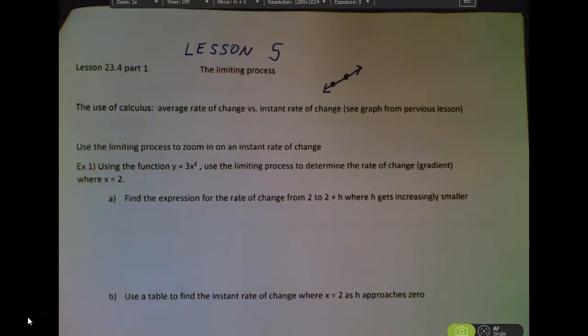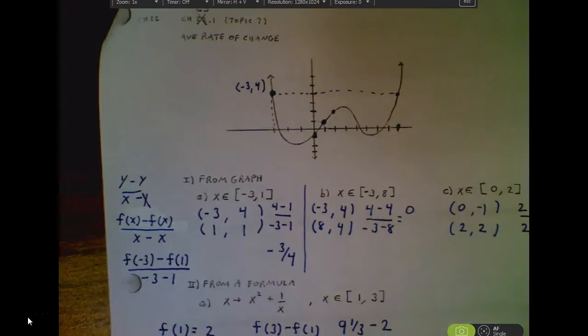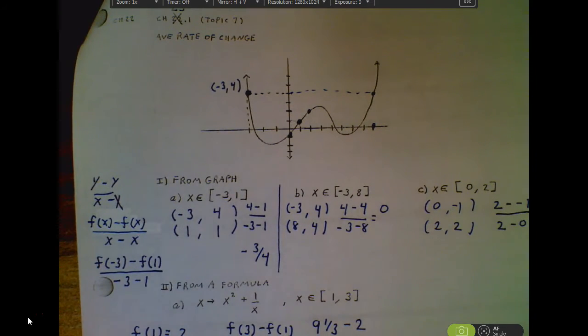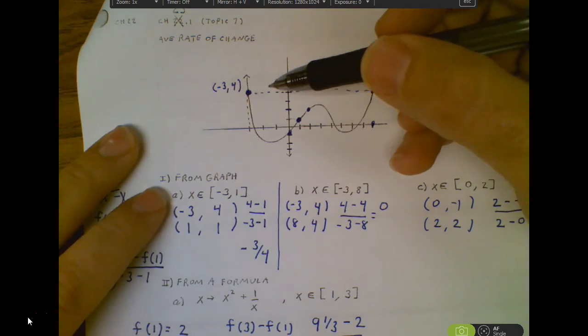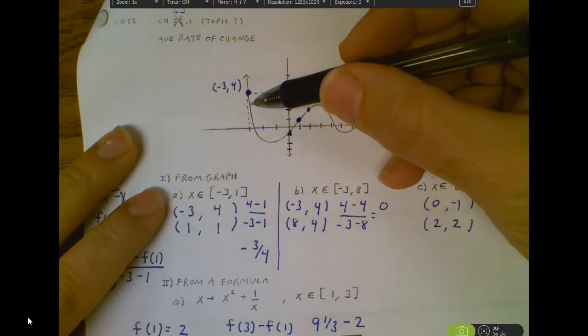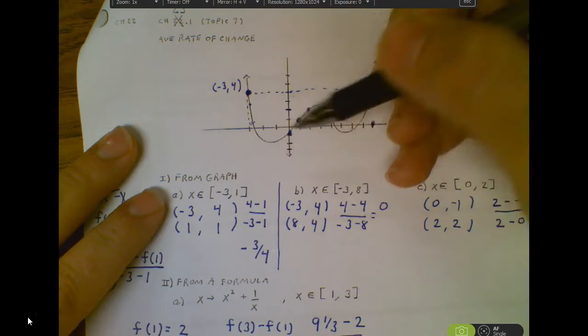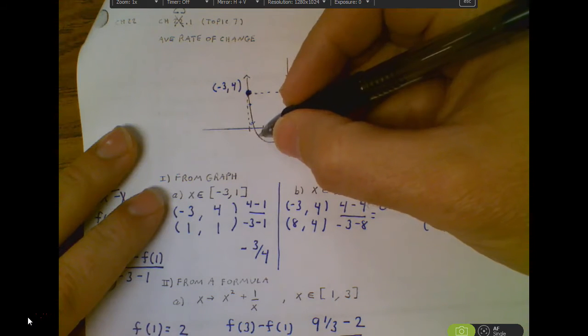When we have a nonlinear function, something that's curved, let me go back to that one from our last lesson, we could see that my slope is always changing. It's never constant. So I'd have a slope at this point that would be different than my slope at this point right here, and different again at this point. I'll draw a couple just so we can see it.